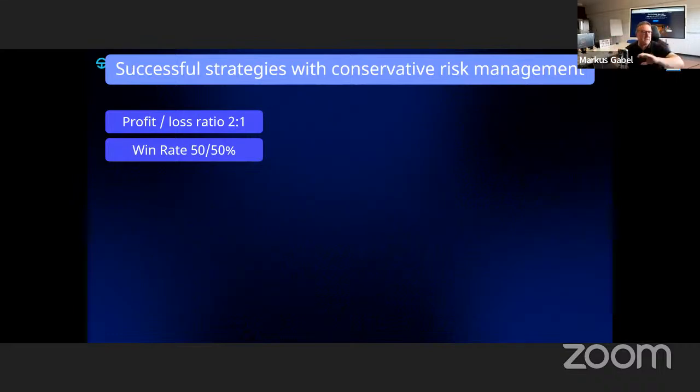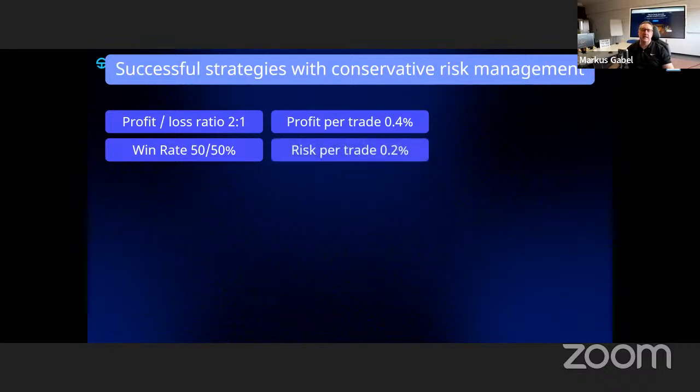You have to test it by yourself, or you come to the Dao family and we show you and lead you every day to success, by the way. Let's say this combination of moving average with MACD and Heikin Ashi, using divergences, with a win rate of 50-50. We want to have 0.4%, and we risk 0.2%.